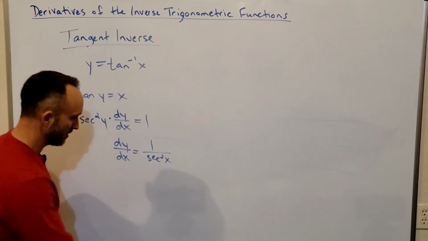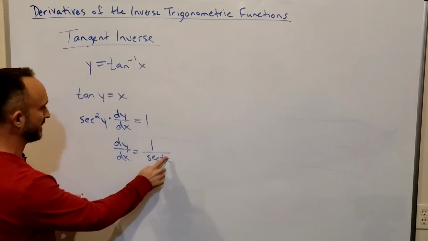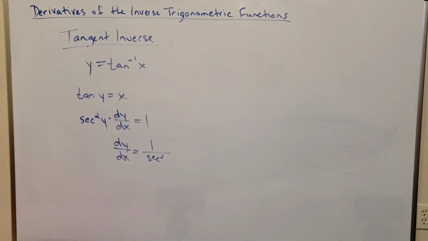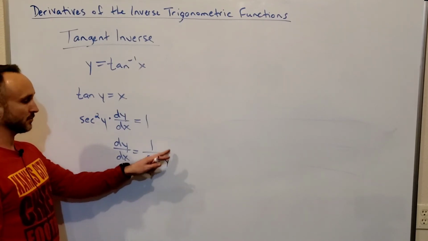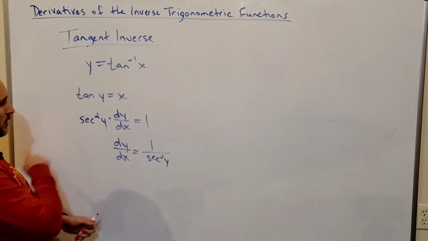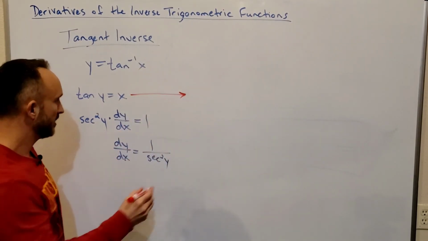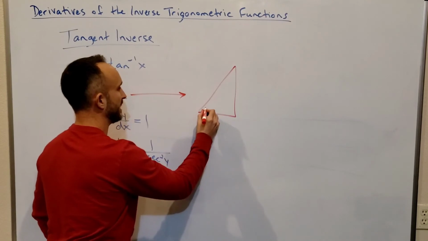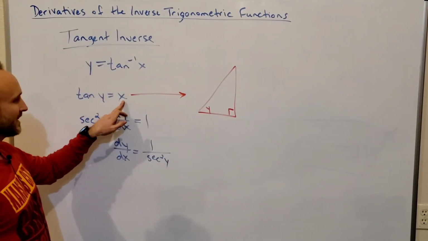Okay? So we can come back now, look at our secant squared of y. If it would have been secant squared of x, we'd have been done because this derivative would have been in terms of x. But it should be secant squared of y. So now we come back, we look at our right triangle. The tangent of this angle y should be x.